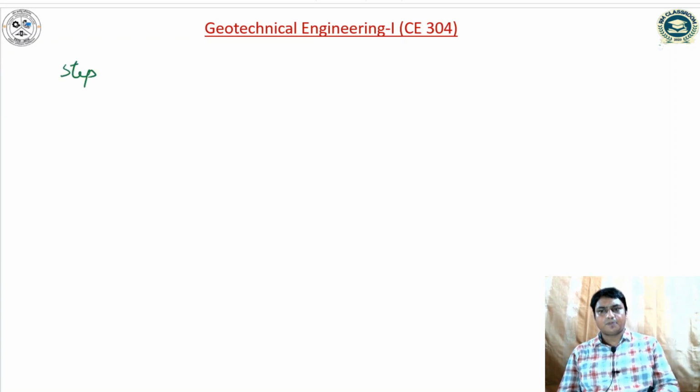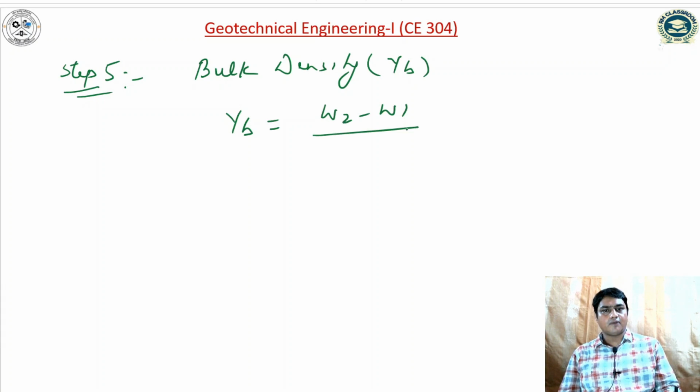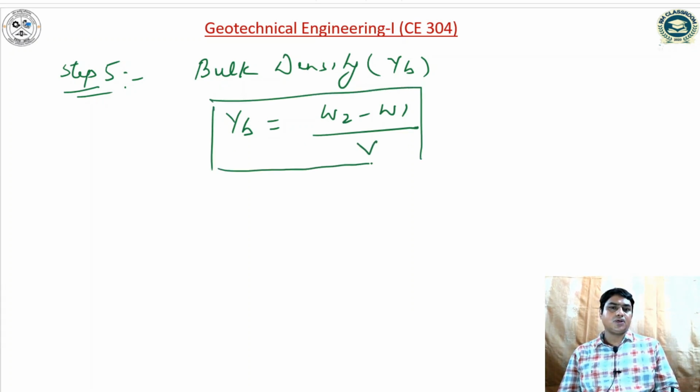Step 5, compute the bulk density gamma b, and it can be computed as W2 minus W1 divided by volume. W2 is the weight of core cutter plus soil, minus the empty weight of core cutter. So it is weight of soil by volume, which is the bulk unit weight.